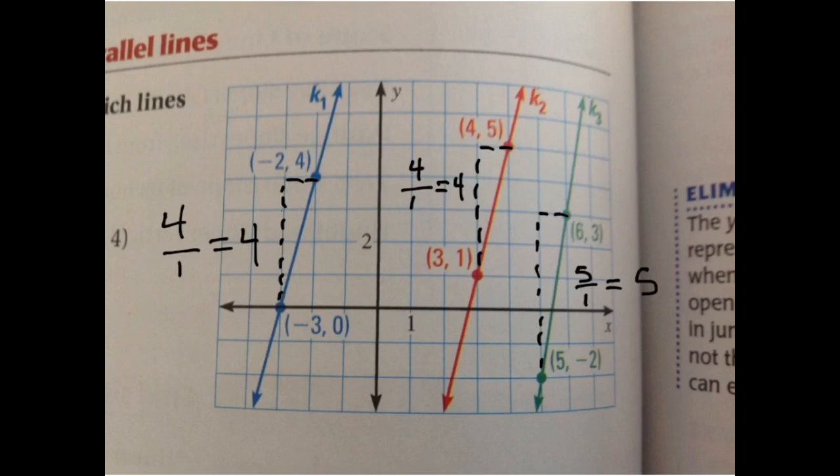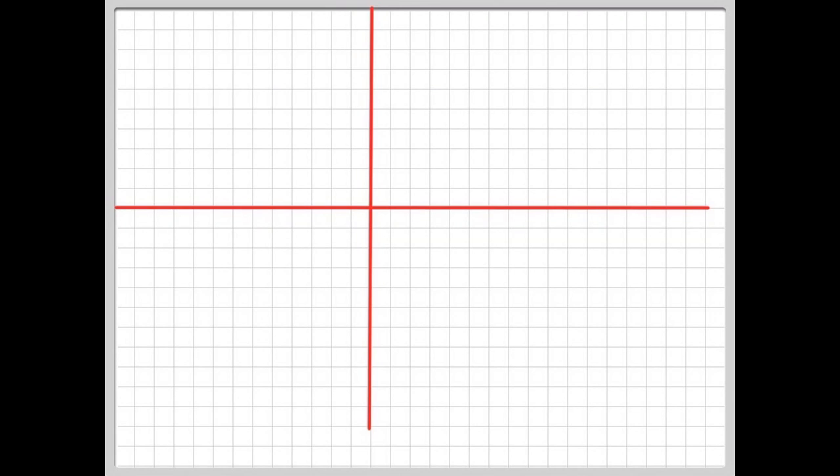The last one tells us that line H passes through the points 3, 0 and 7, 6. So I'm going to start by graphing line H. My first point is 3, 0. Where's that? 3 to the right of the origin, right there.